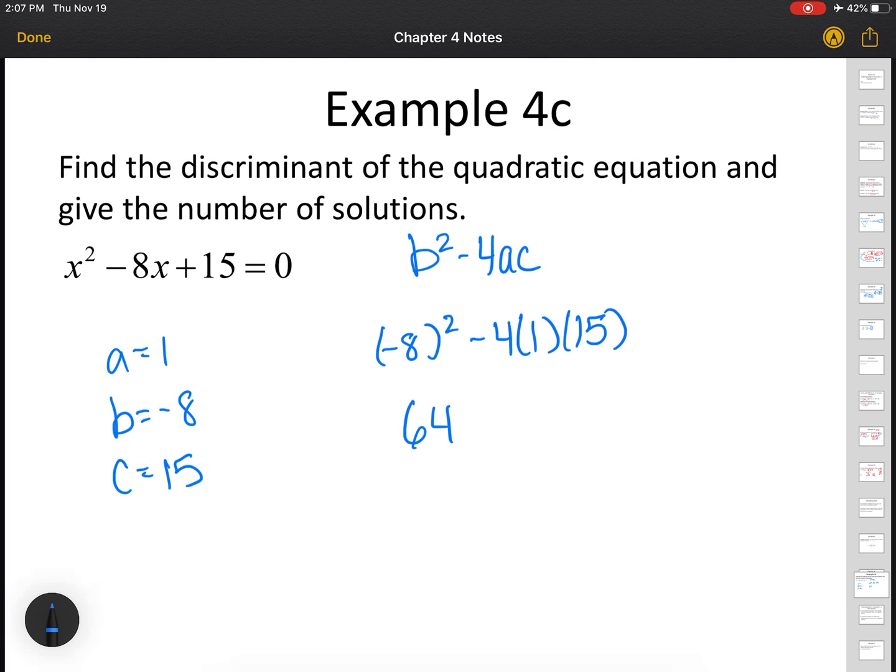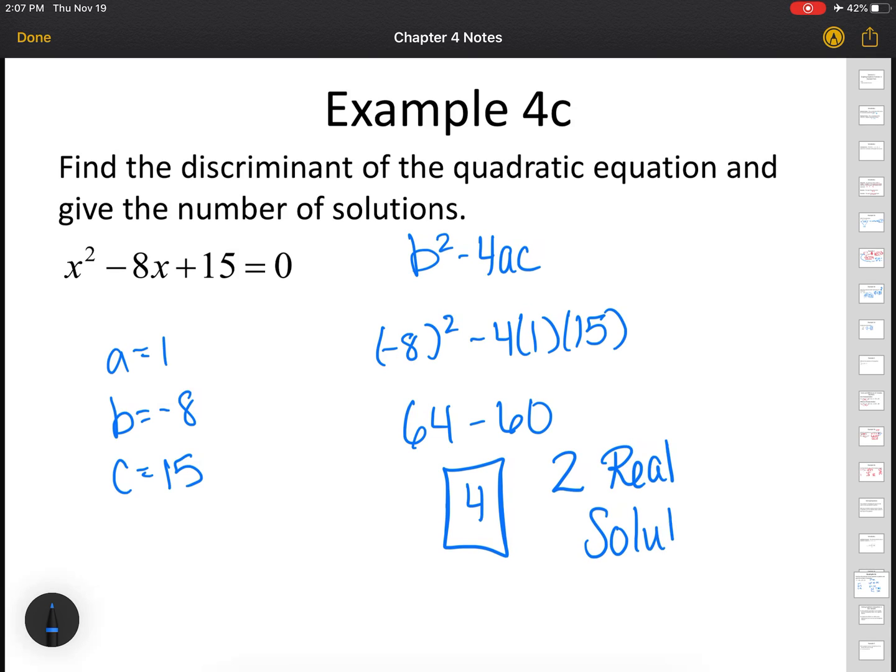Negative 4 times 1 times 15 is negative 60, excuse me, and 64 minus 60 is 4. So our discriminant is positive, so there are two solutions, and they are real. So two real solutions. So it's crossing the x-axis in two places. So there's two zeros or two roots.